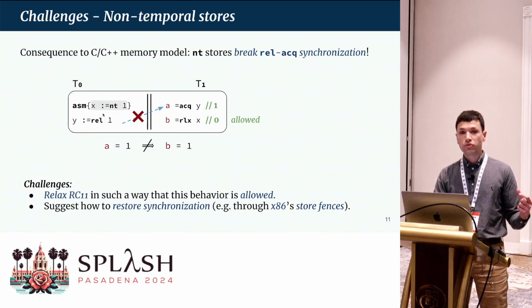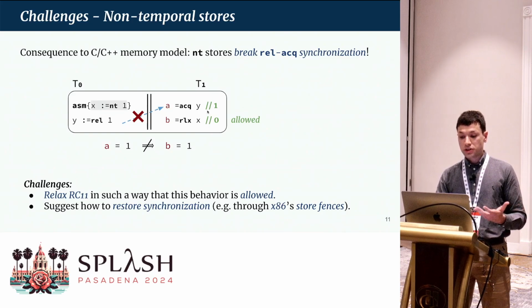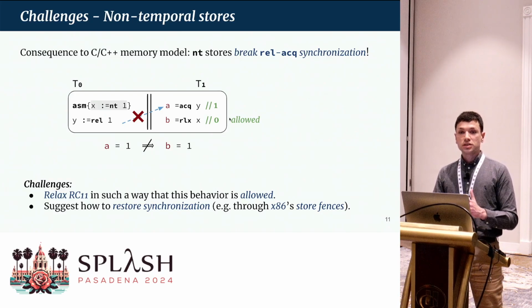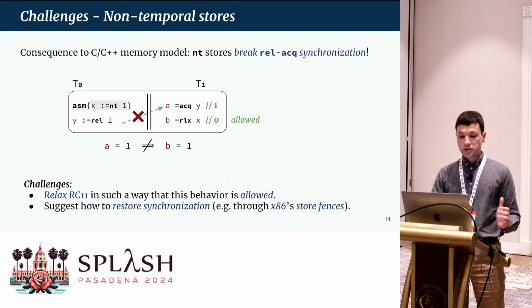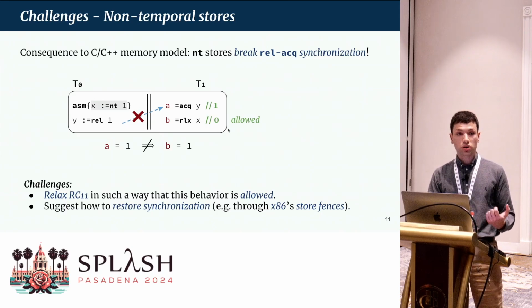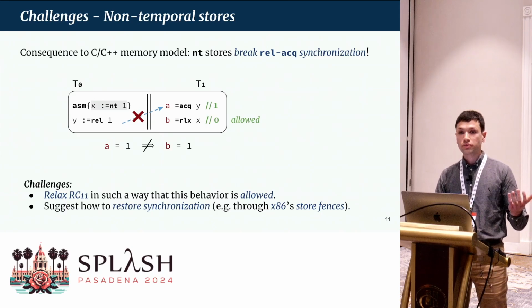So as we saw before, a non-temporal store can be reordered with a plain write. So in this case, it could be the case that X and Y are reordered, and we would see the weak behavior. So the challenge is to relax the model of C++ in such a way that this behavior is allowed. And we also want to suggest new ways to restore synchronization in the presence of non-temporal stores.